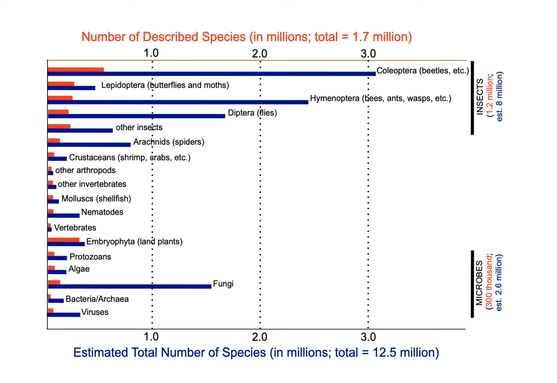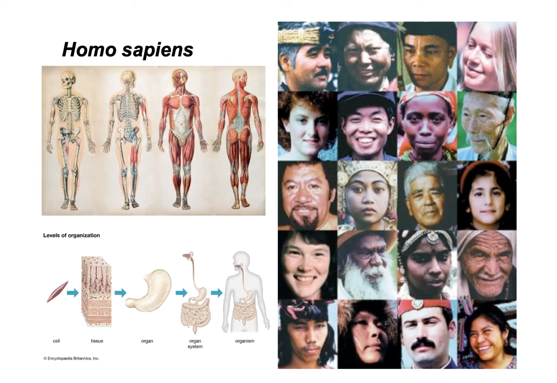Also realize that over the last 4 billion years, there have been many species that have gone extinct. So there are even more than this that have existed on Earth. So here's one species that you are familiar with. These are humans, Homo sapiens, and a lot of variation there, right?